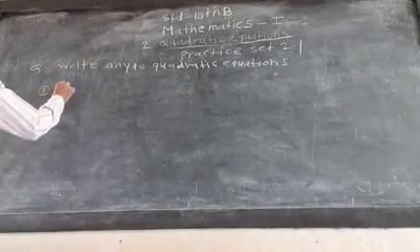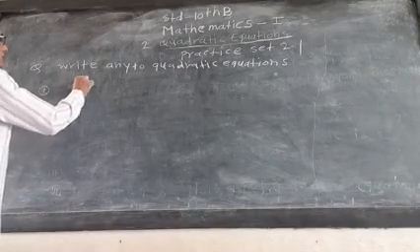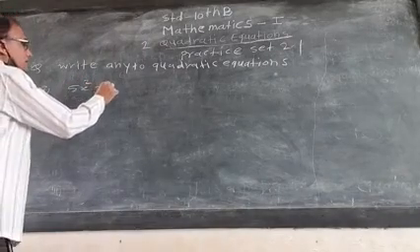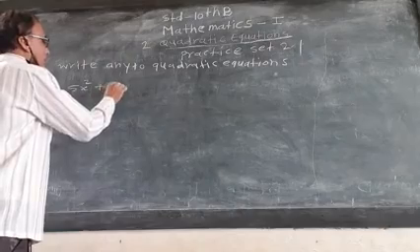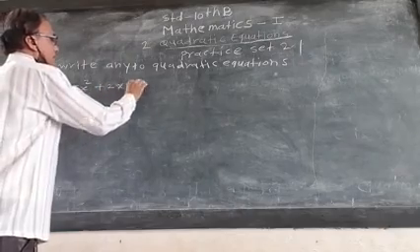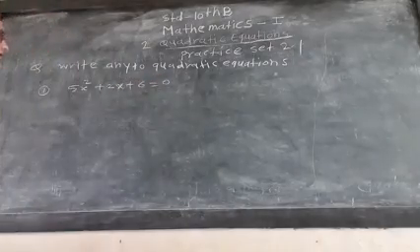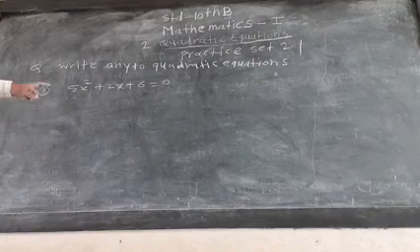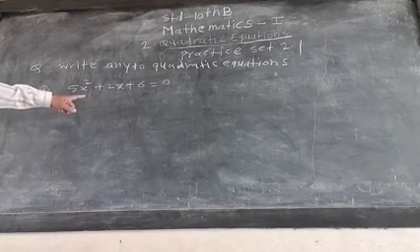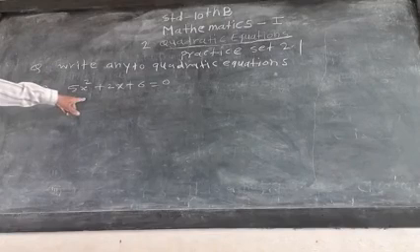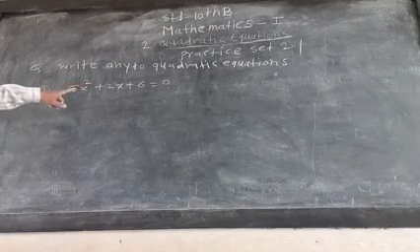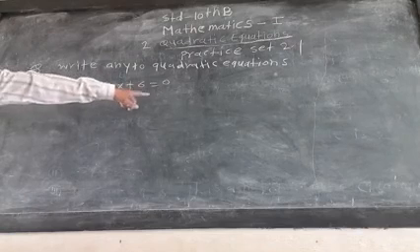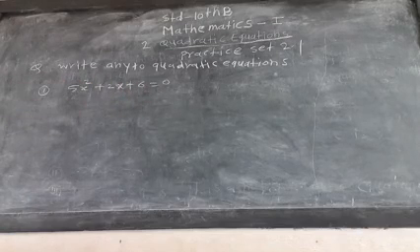First, 5x square plus 2x plus 6 equal to 0. See here, x is the only variable in this equation and the maximum index of the variable is 2. So this equation is a quadratic equation.